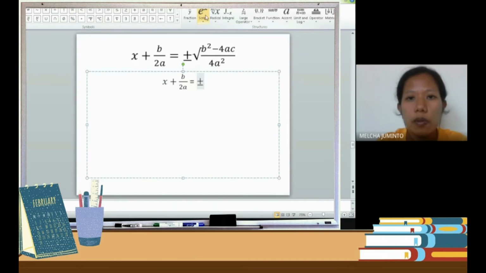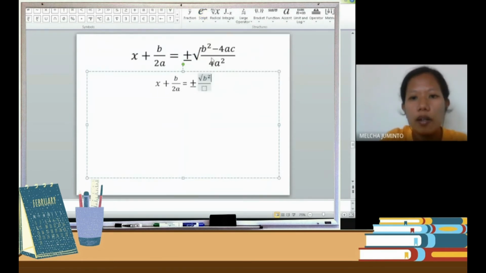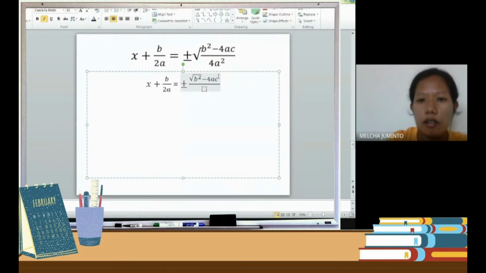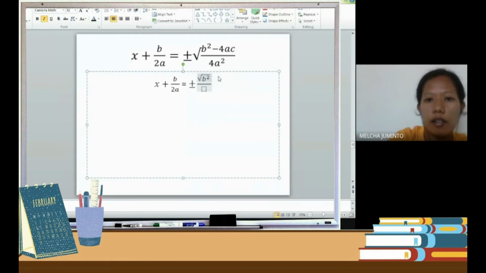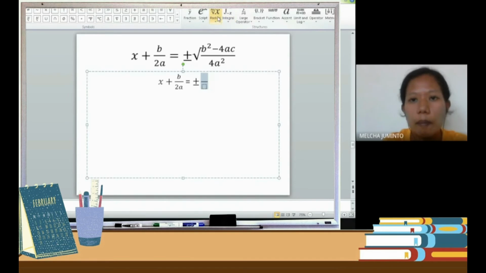I will express both numerator and denominator as square root. Numerator will be written as the square root of b squared minus 4ac, while the, para clear, dapat extended yung square root niya.